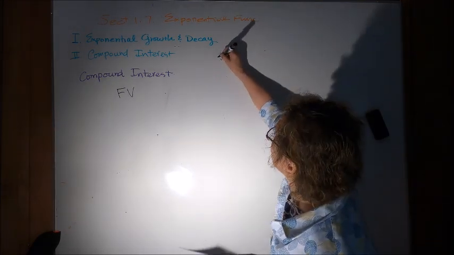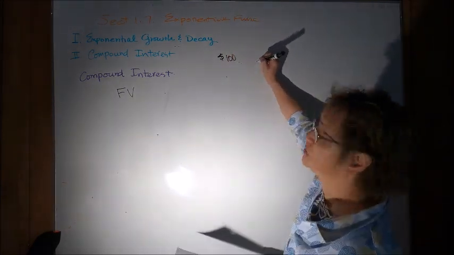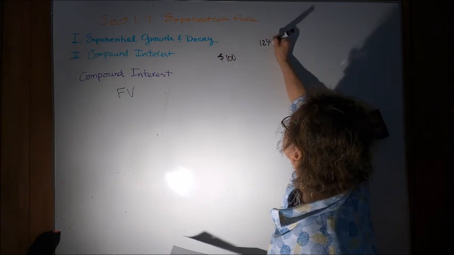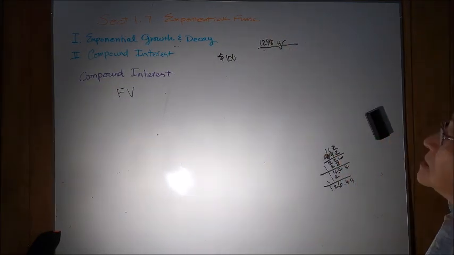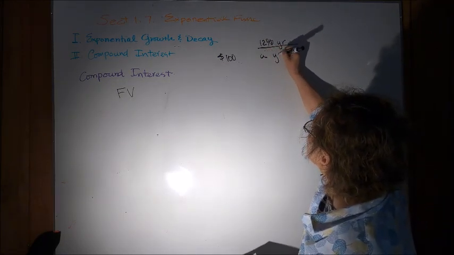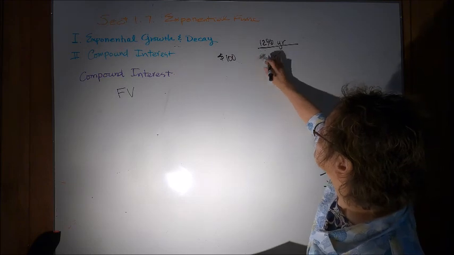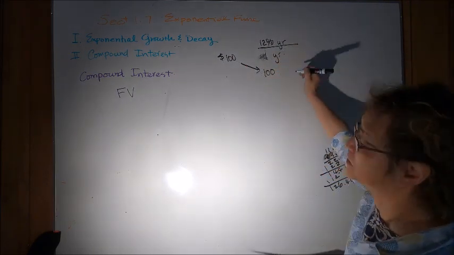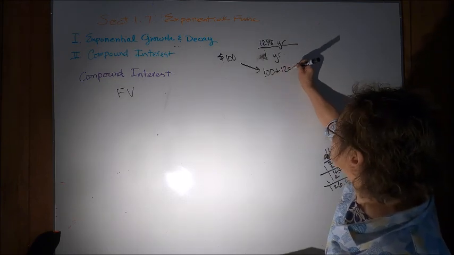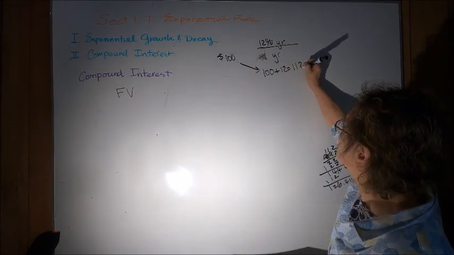So say you have $100, we make it simple, and I just use a 12% rate per year. So after a year, how much money will you have? For $100, at 12%, you got $12 in interest. You will have 112.